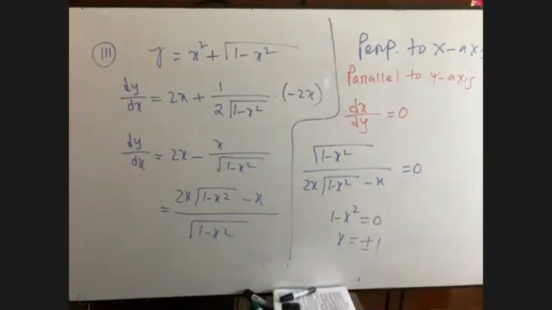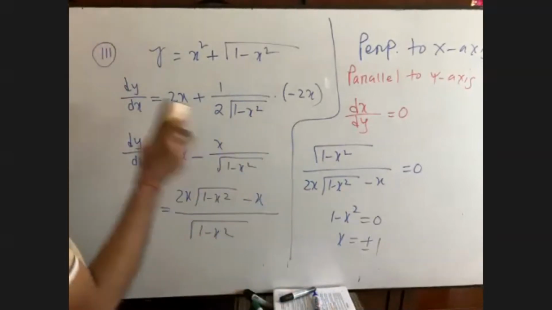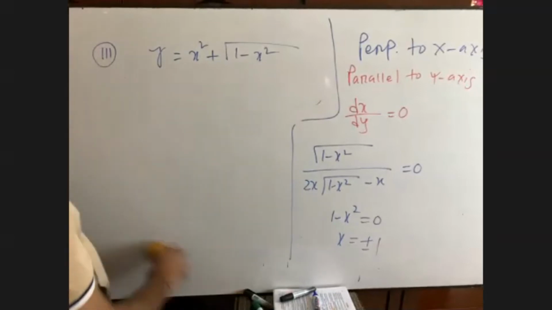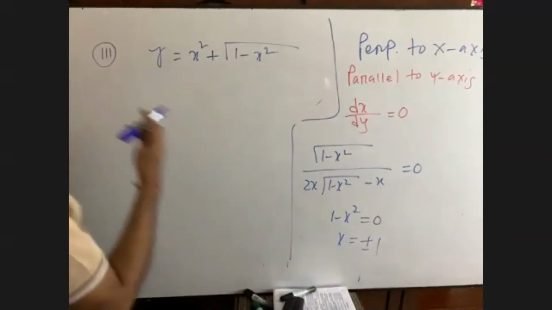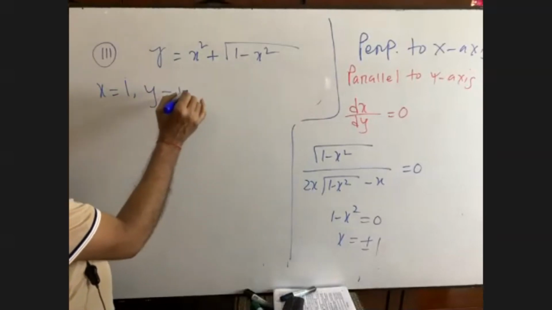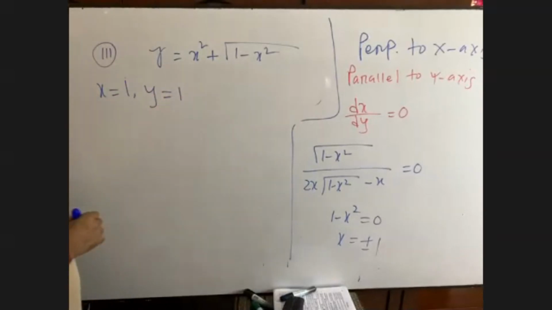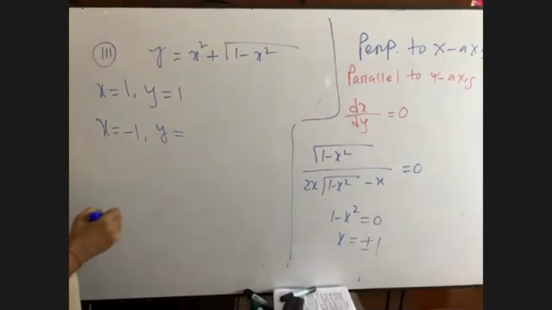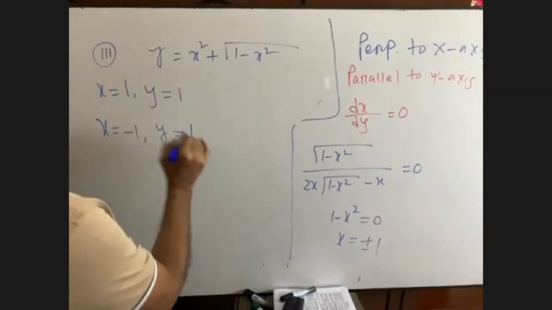If we get x equals plus or minus 1, then we can find the value of y from here. When x equals 1, we get y equals 1. When x equals minus 1, we get y equals what? 1.